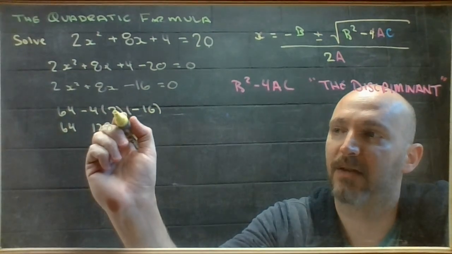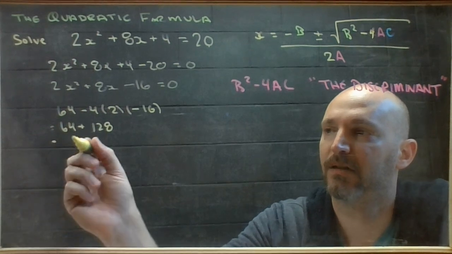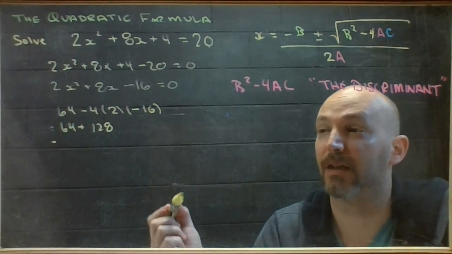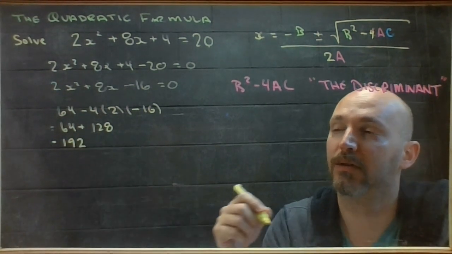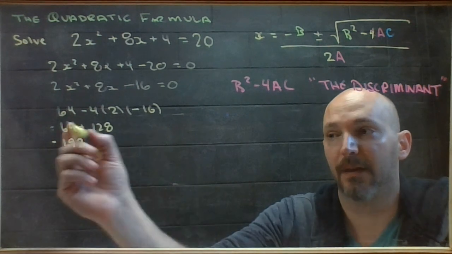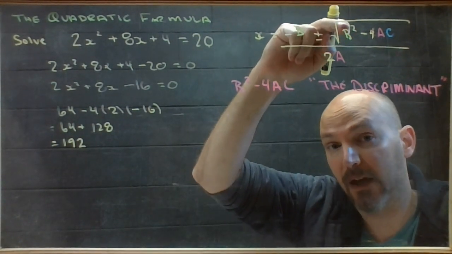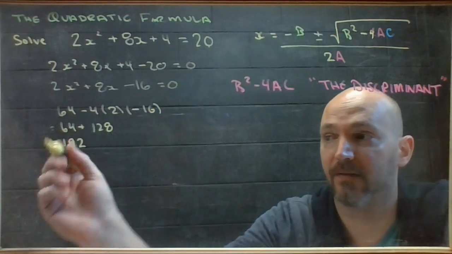And a negative times a positive times a negative is a positive. 128 and 64 would give me 192. So that's a positive answer, which means the radical is going to spit out something. It won't fail. So I should continue to get the rest of this solution.